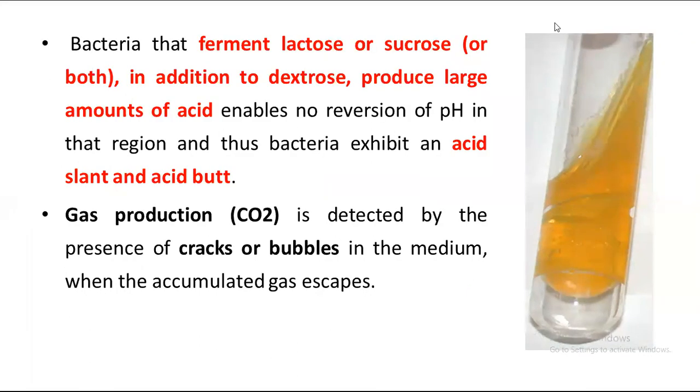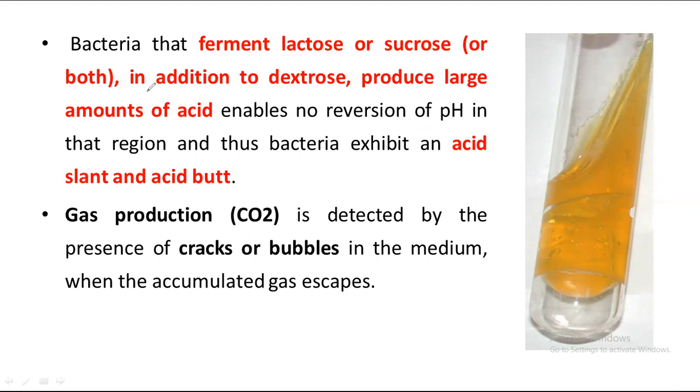Now if we get such a result, what does this mean? This means that we have dextrose, lactose, and sucrose in our media, and all three sugars are fermented by the microorganism.